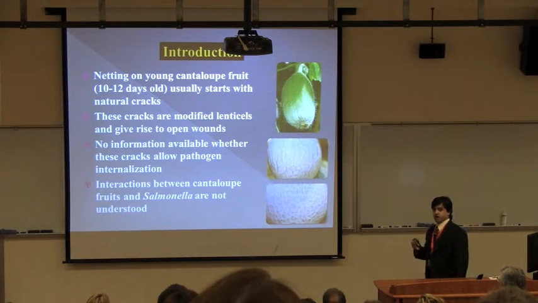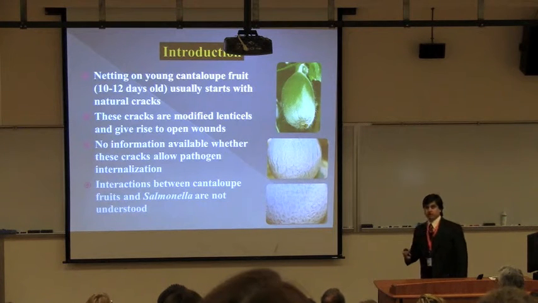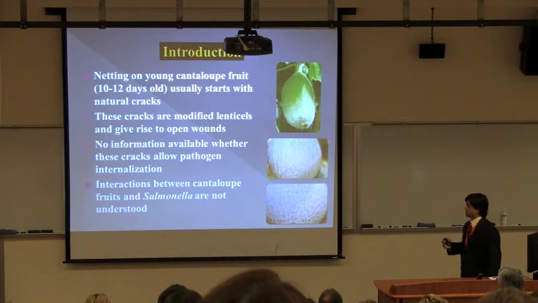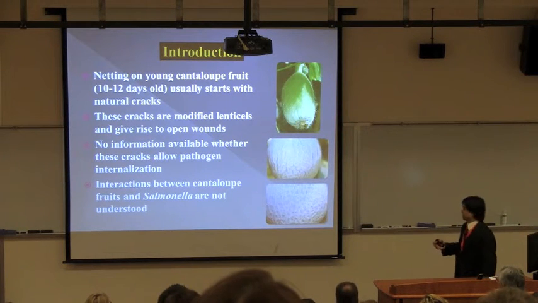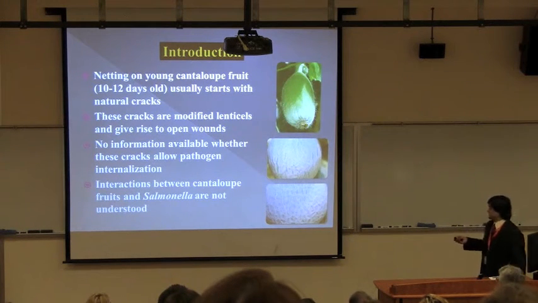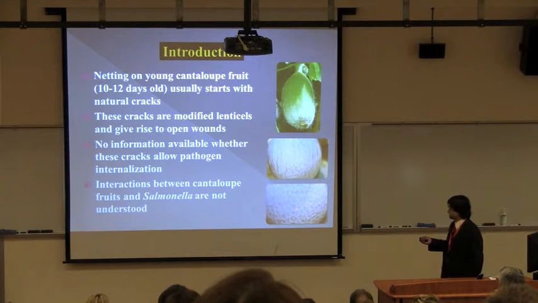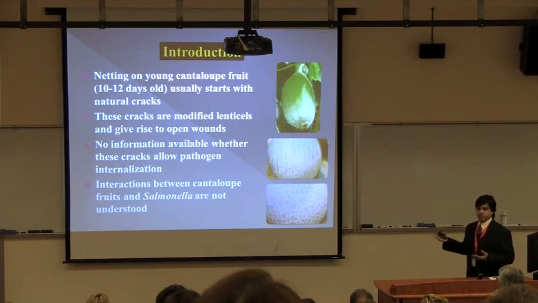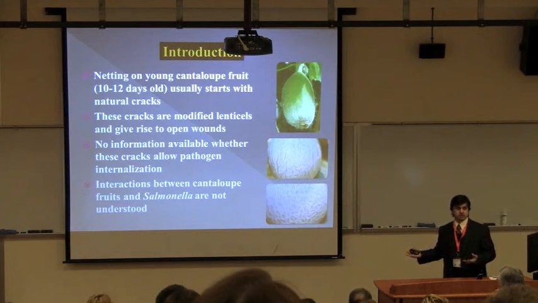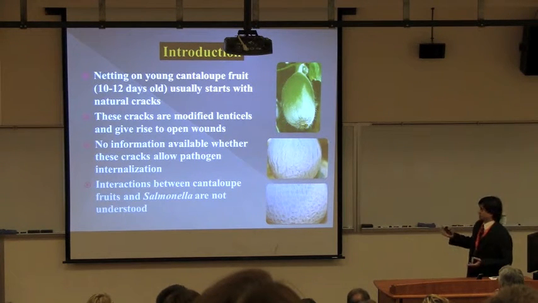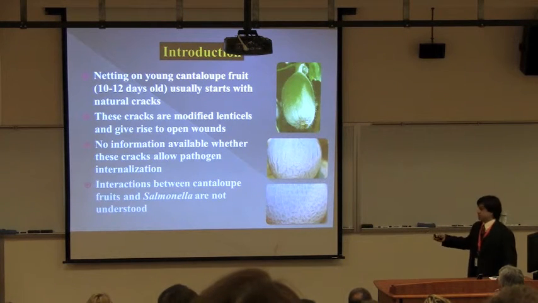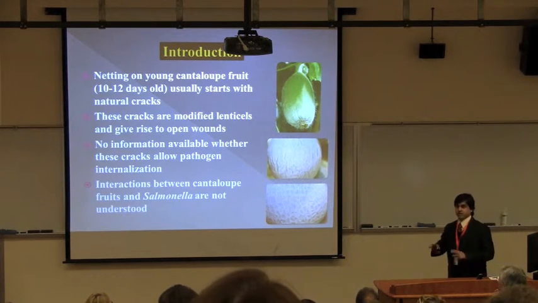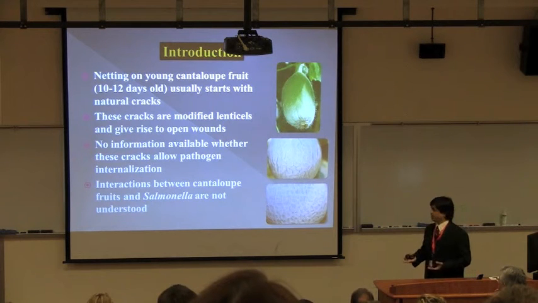When we observe those cracks closely, you can see some lesions coming out, red in color. Later, they heal up like these lesions. At maturity, when you buy cantaloupes, they are netted on the surface. That is the initiation of the netting process, and finally you see netting over the fruit when they mature.